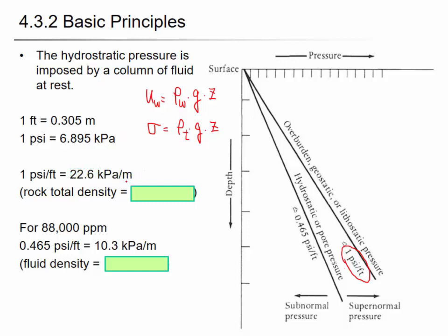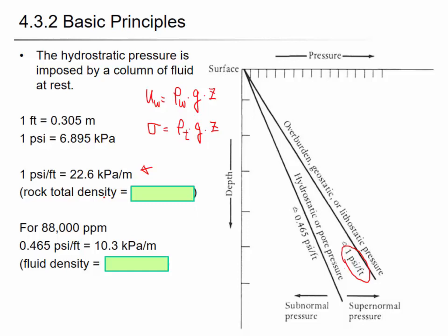Then, well, this gradient assumes the rock density, right? Then what will be the value of the rock density this gradient is assuming? 22.6 kilopascal per meter. You can divide this value by the gravitation, so 9.8, and that will give you the density, the bulk density of the rock.